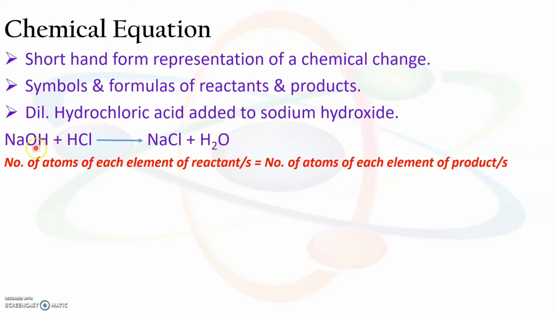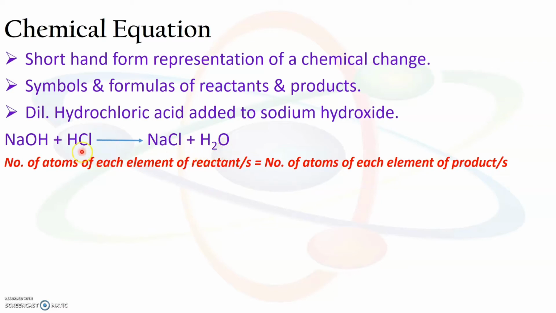Likewise, here we see that there is one atom of oxygen in the reactant side. So therefore, there should be only one atom of oxygen in the product side also. Likewise, in the case of hydrogen, we see that there are two atoms of hydrogen in total in the reactant side. So there should be two atoms of hydrogen in the product side also.